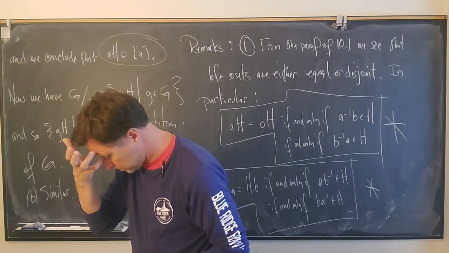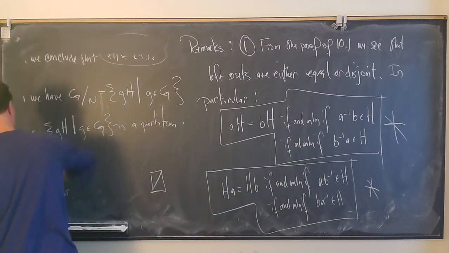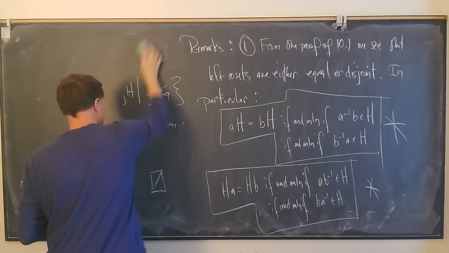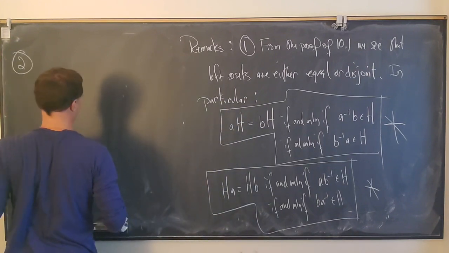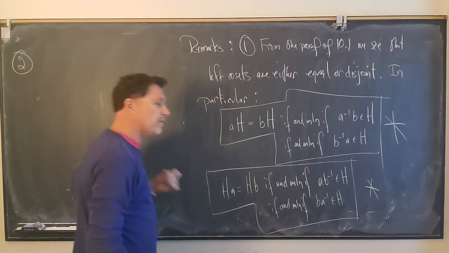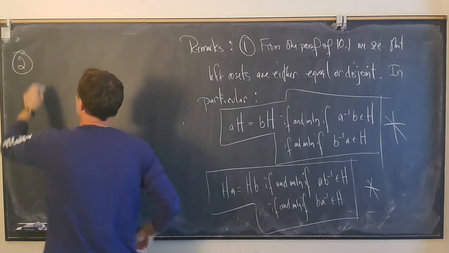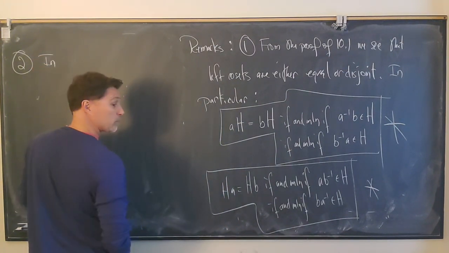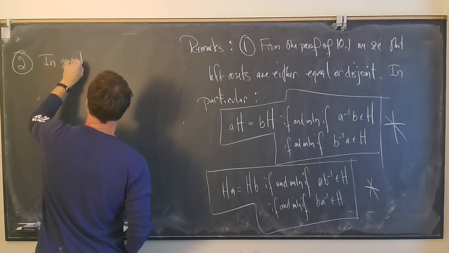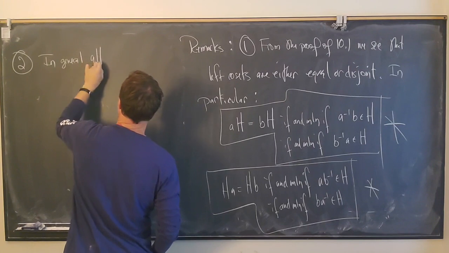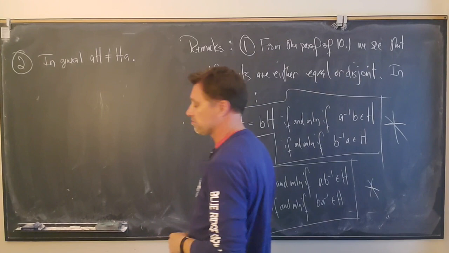Now, call this remark number 2. In general, left cosets and right cosets are not the same. We saw an example earlier when I was doing that example with the dihedral group. So in general, the left coset aH is not equal to the right coset Ha.